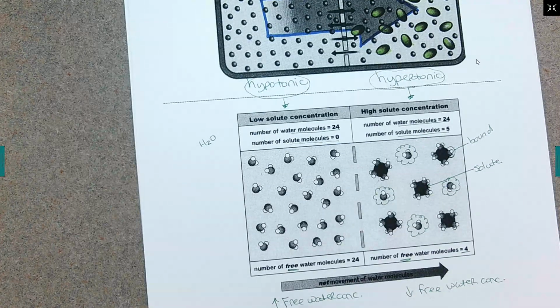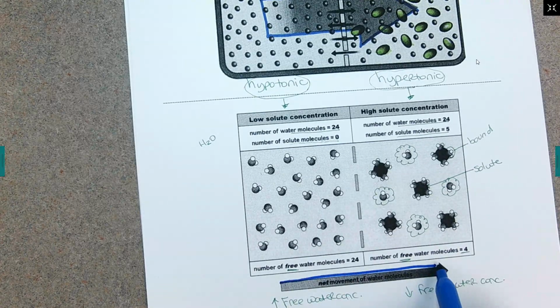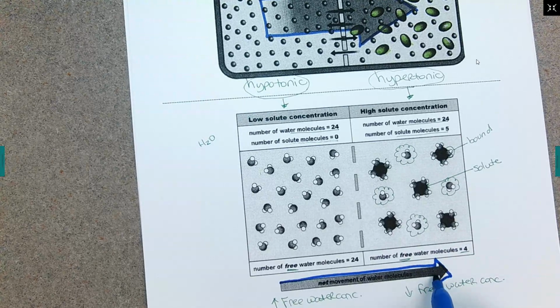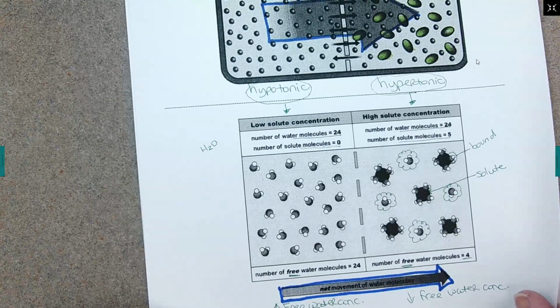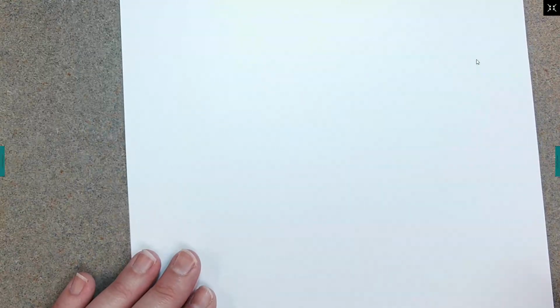So your net movement of water will go from a high free water environment, which is hypotonic because it doesn't have a lot of solute particles binding them up, to a low free water environment, which would be a hypertonic environment because the water molecules are being bound to the solute particle. So what does this have to do with what's going on inside of our bodies?